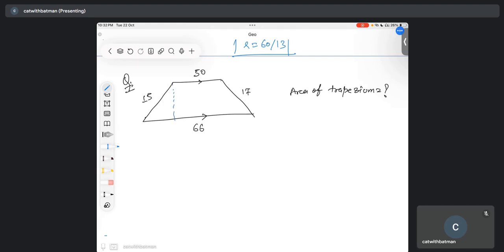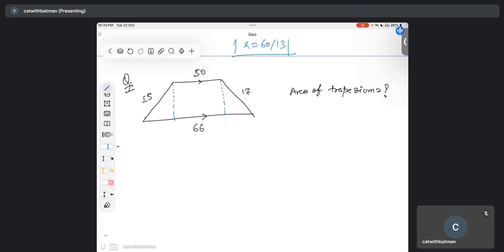Since the opposite sides are parallel, that is the 50 and 66 lines are parallel. So what I will do, I will draw these two imaginary lines, right? Perpendiculars to that.